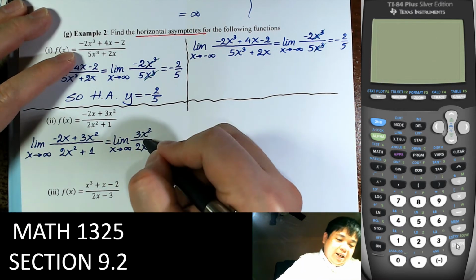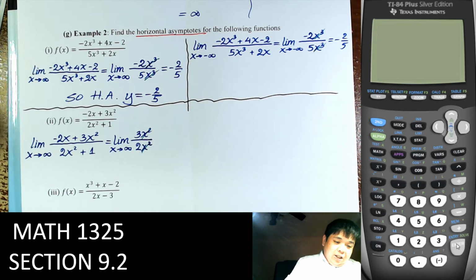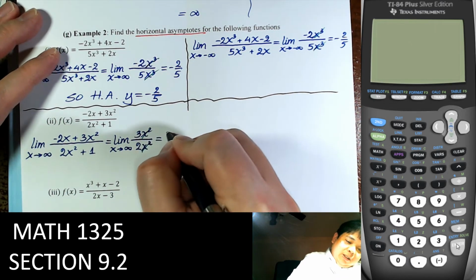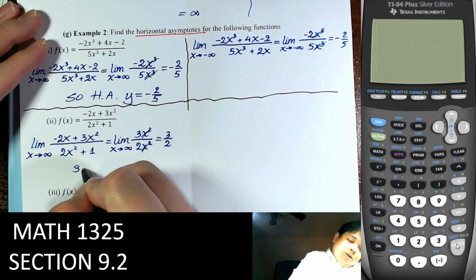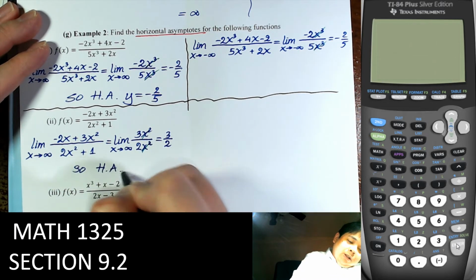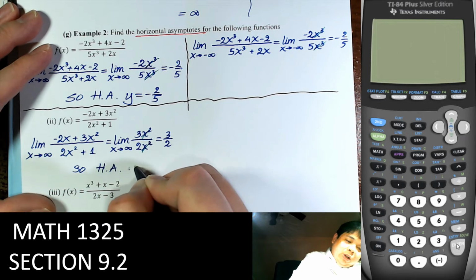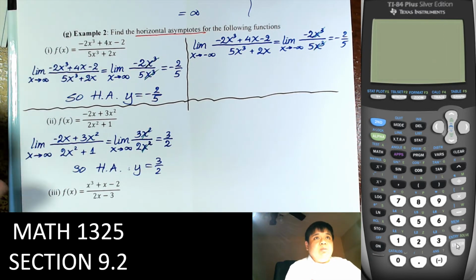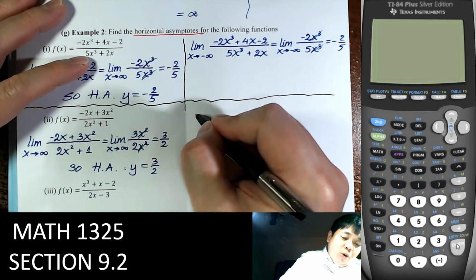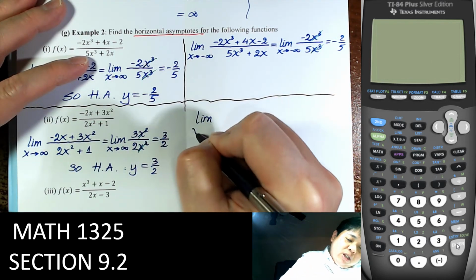That cancels out, just 3/2. So we have the horizontal asymptote y equal to 3/2. Of course, in this case, it doesn't really matter if it goes to positive or negative infinity, but we still do that.